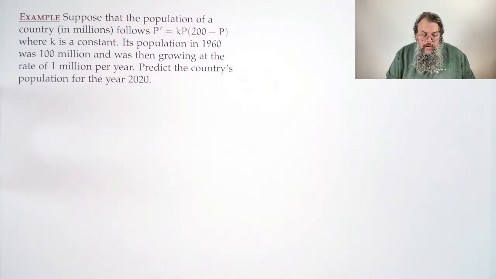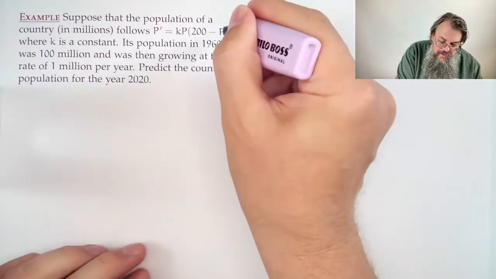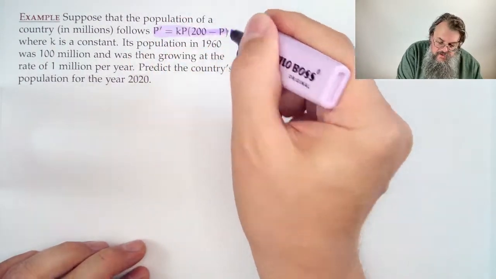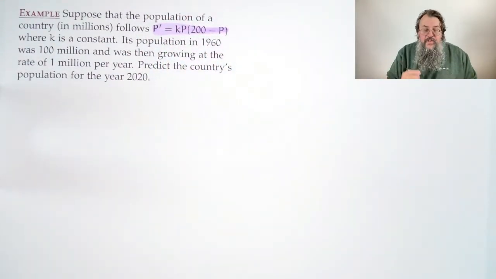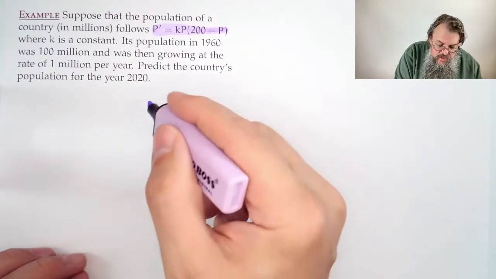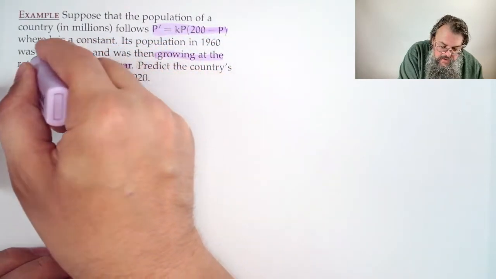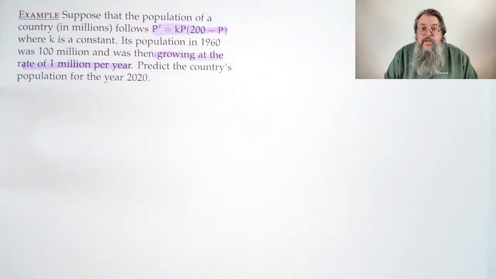So, well, what can we say? We know a couple of things. We see some key words. There's this differential equation given to us, which tells us it follows the logistic model. And there's this piece of information that it was growing at the rate of 1 million per year.